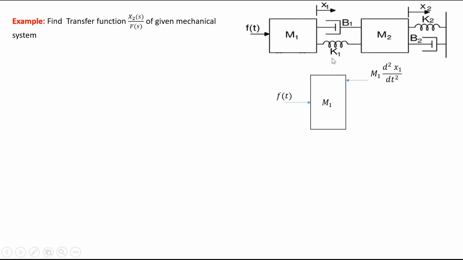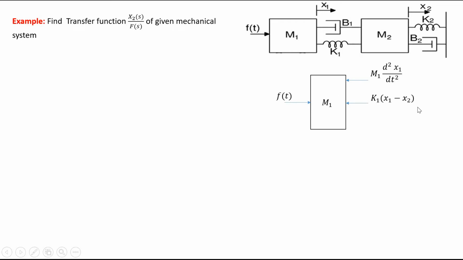Looking at k1 and b1, k1 is attached to m1 and m2, so it experiences displacements x1 and x2. The force equation for a spring is k into x, but here x1 and x2 are on each side. Since we are considering m1, we first take x1, then x1 minus x2.